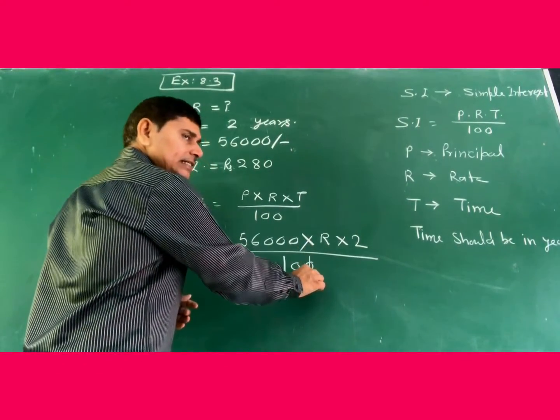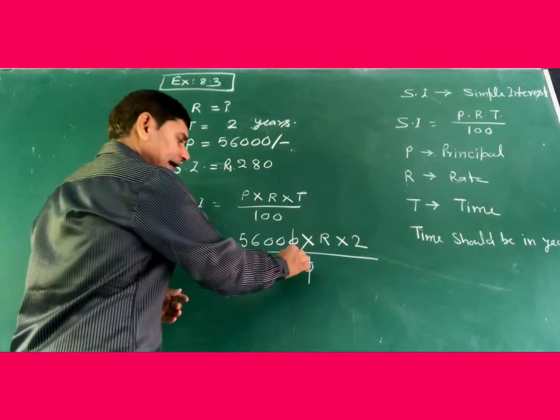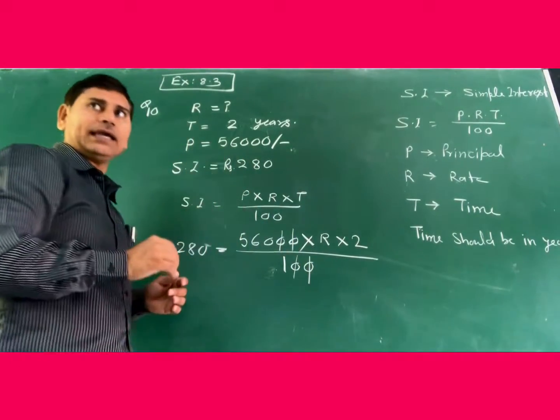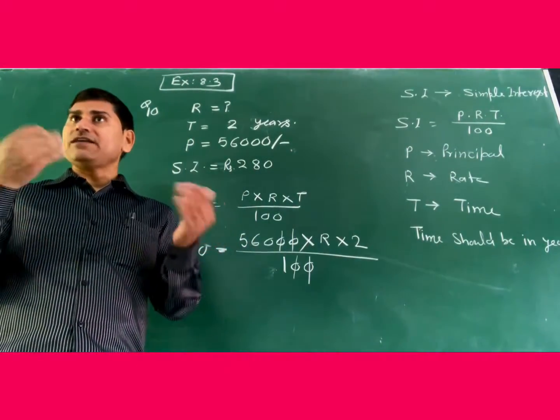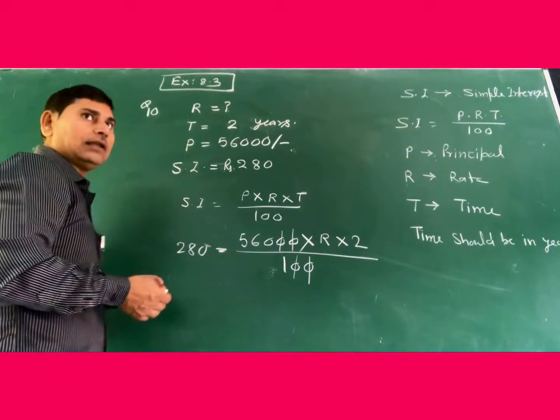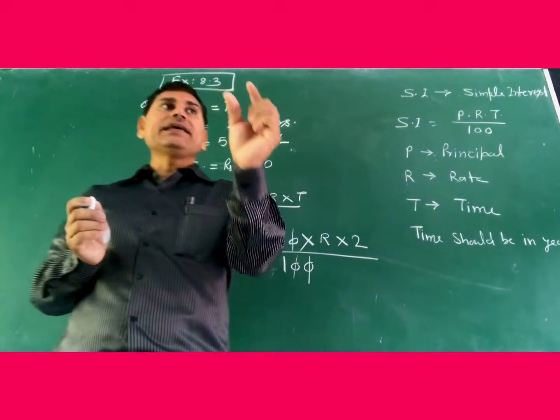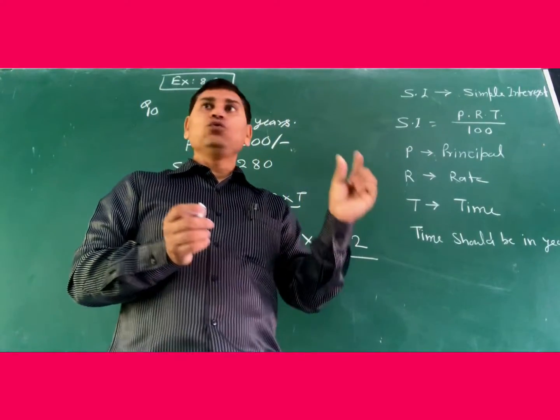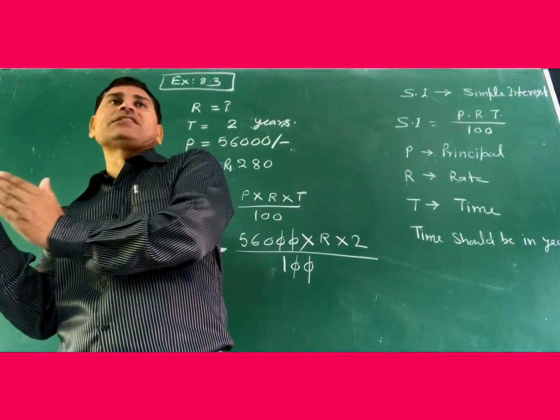You can cancel this 0 by this 0 and this 0 by this 0. The remaining things you will simplify. How can you simplify? See here. First of all, you know that the required thing you will always write on the left side.